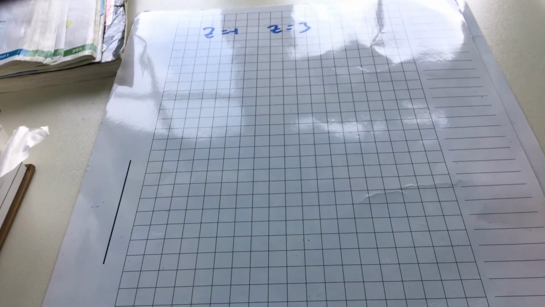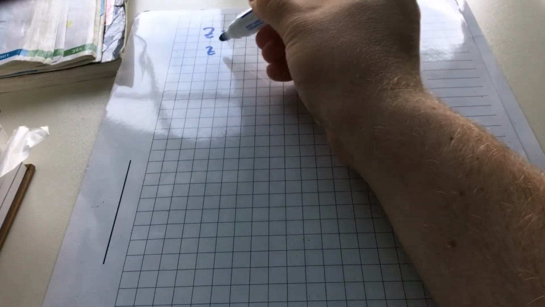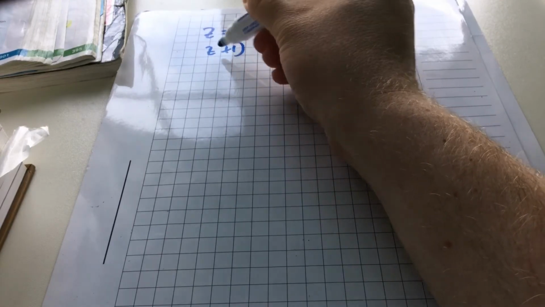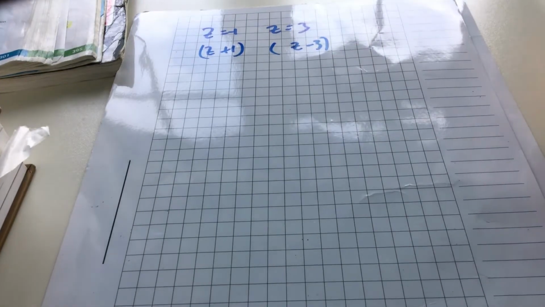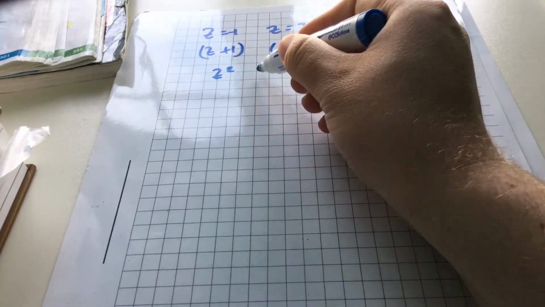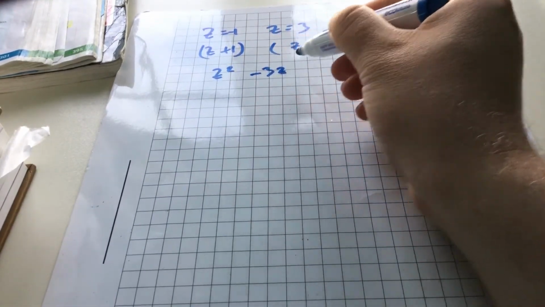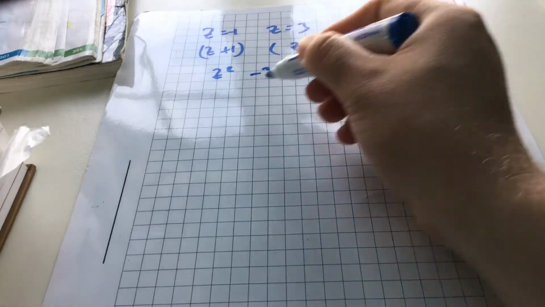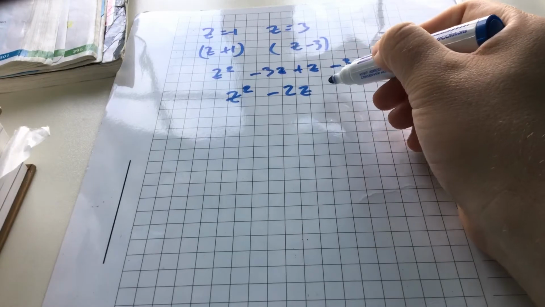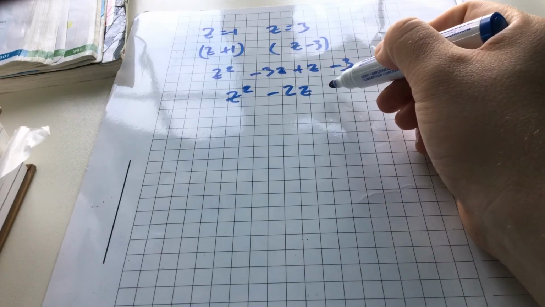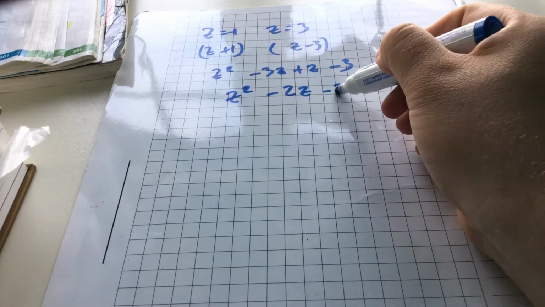So I can either turn these into two factors and multiply them, and I'll get z squared minus 3z plus z minus 3, z squared minus 2z minus 3 equals 0.